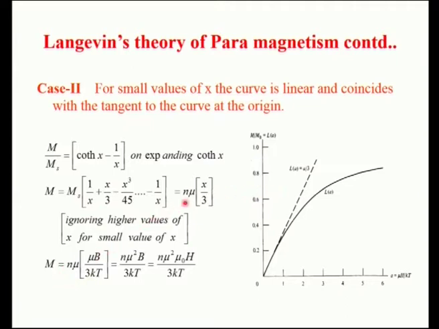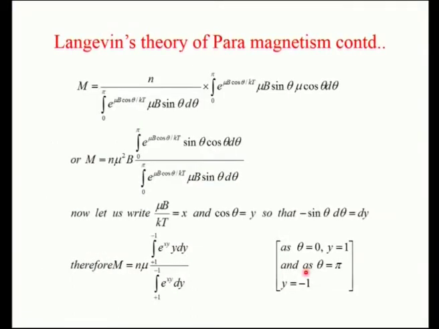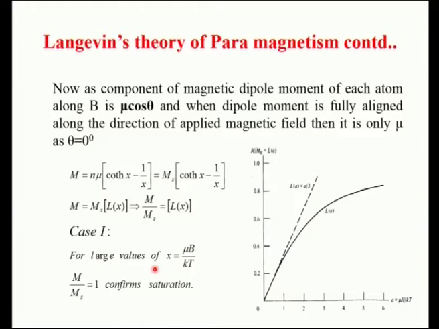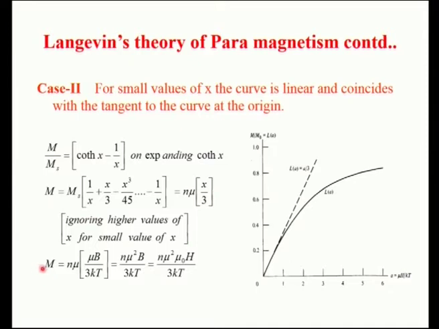Then for x, we substitute the previous value. Here we have x equal to mu B by k T. So we substitute that, and finally obtain M under the high temperature limit to be N mu square mu naught H by 3 k B T. This mu here is the magnitude of the magnetic moment, and mu naught is the permeability, which should not be confused here.